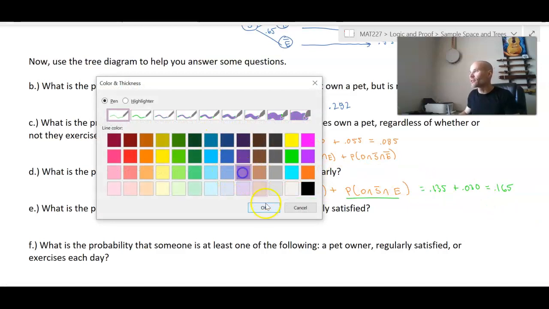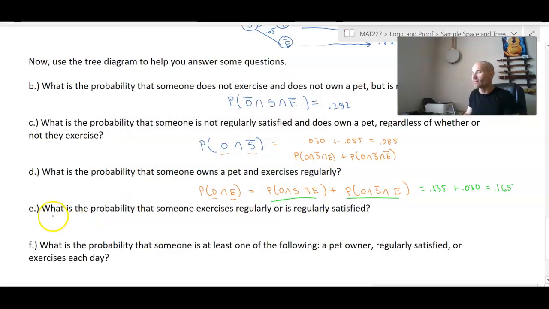Now, the reason I mentioned in the previous video with only our two events that formulas are not always the best and most useful thing is because, for example, what's the probability that someone exercises regularly or is regularly satisfied? What we're looking for here, keyword or, you have to be in one group or the other.